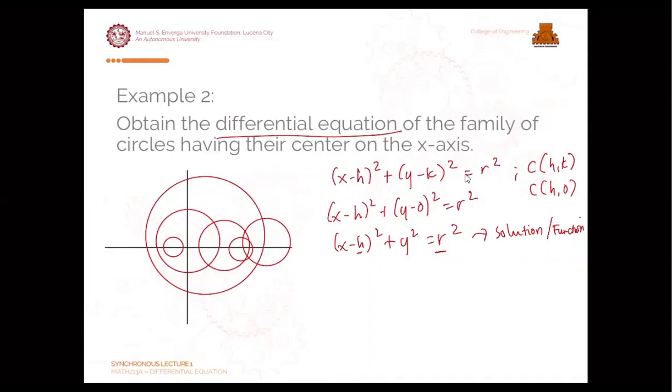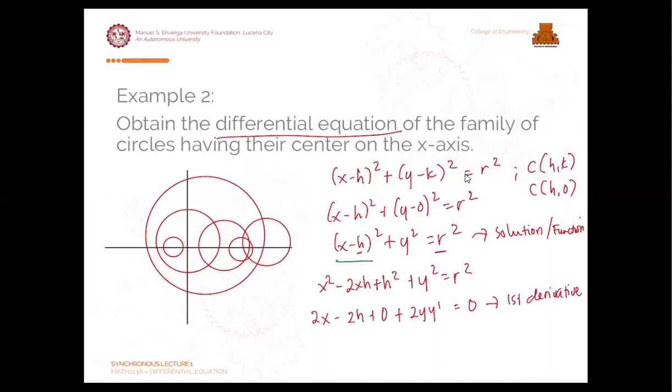So, para siguro mapasimple ito, itong term na to is i-expand na natin, no? So, we have x squared minus 2xh plus h squared plus y squared is equals to r squared. Then, derive natin. We have 2x minus 2h plus, since ito is constant yung h, 0 na to, plus 2y y prime is equals to 0. So, yung first derivative. Second derivative, first derivative.